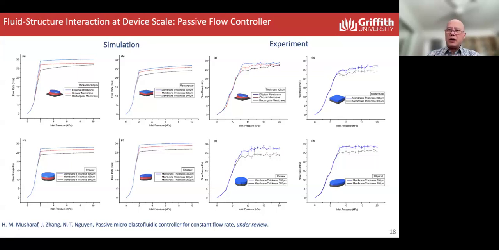That means you can increase the pressure to a certain threshold, and from then on, the flow rate is kept constant. So for many applications, there's a simple solution for flow control without external actuators and flow sensors. You just design the device for a fixed flow rate, and no matter what pressure you apply, you always get a constant flow rate out of the device.